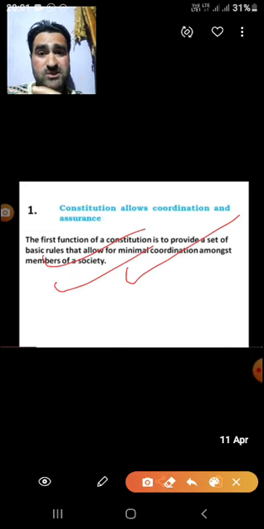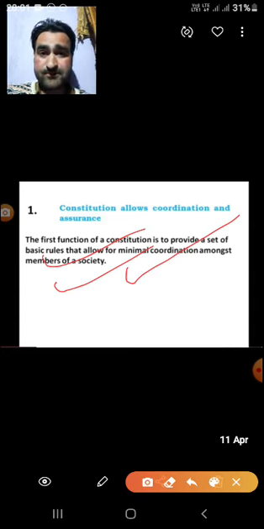It is the only source that will allow coordination among the citizens, and not only among the citizens, but it will also provide coordination among the various organs of the government. It will limit the powers of the executive. It will describe the powers of the judiciary.